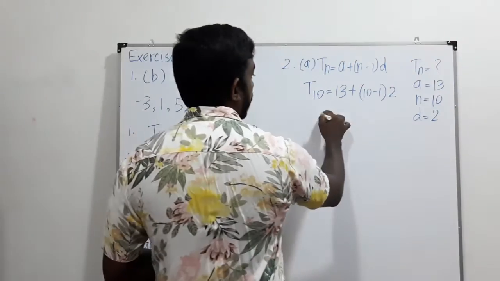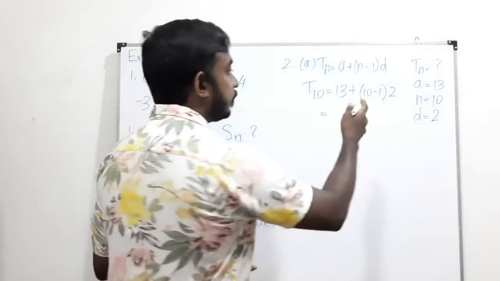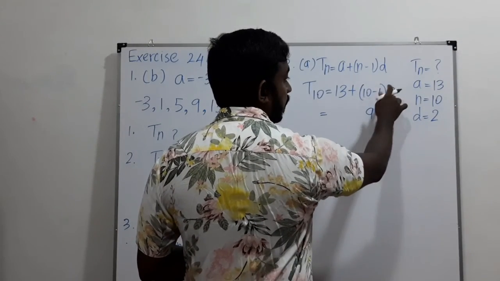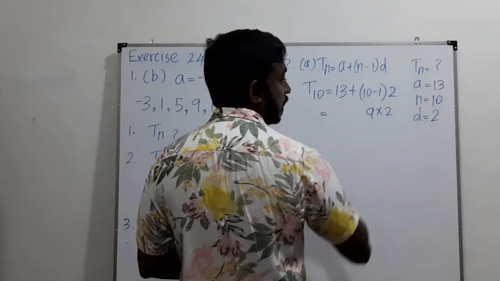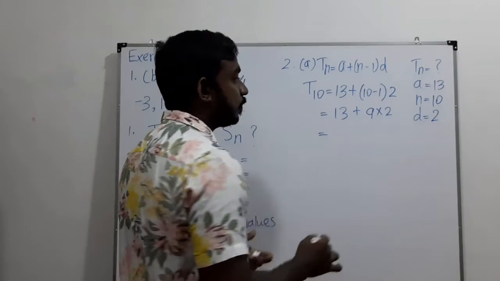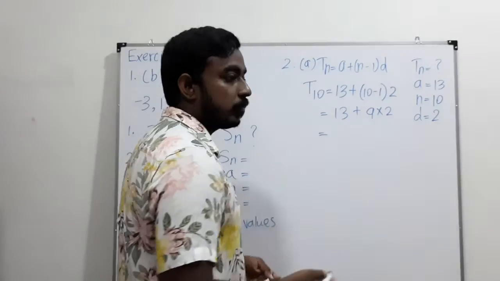So here, according to the BODMAS theory, now we have to simplify. You know that we have to simplify the bracket first of all. That will be 9. Brackets mean a multiplication, 9 times 2, then plus 13. So first of all we have to take 9 times 2 according to BODMAS.